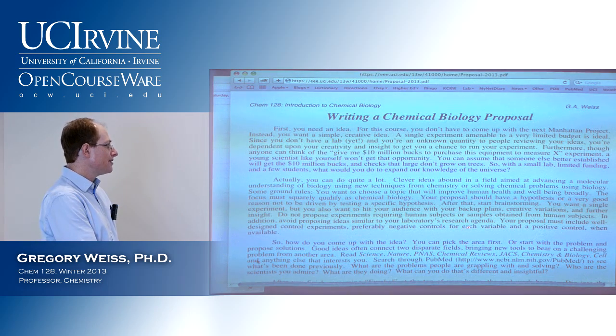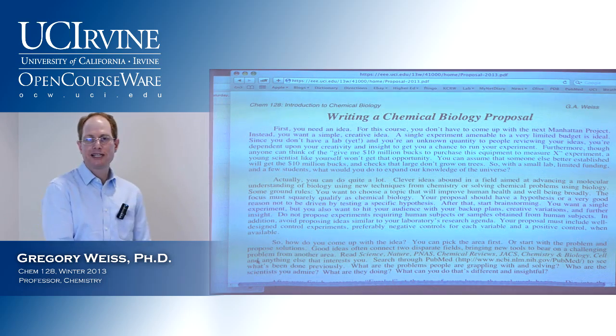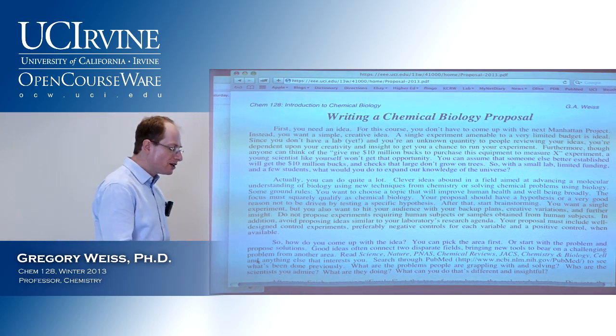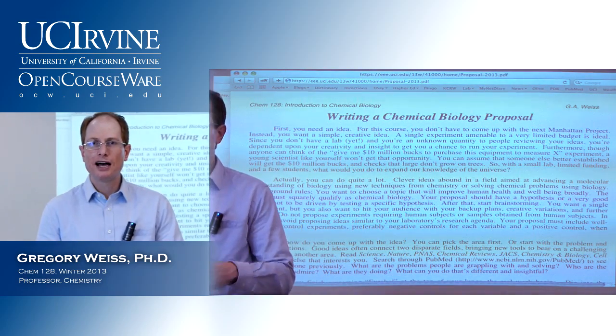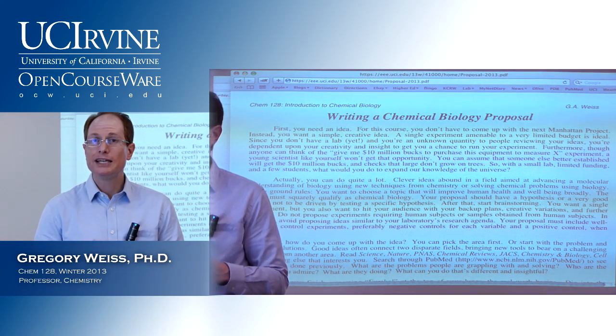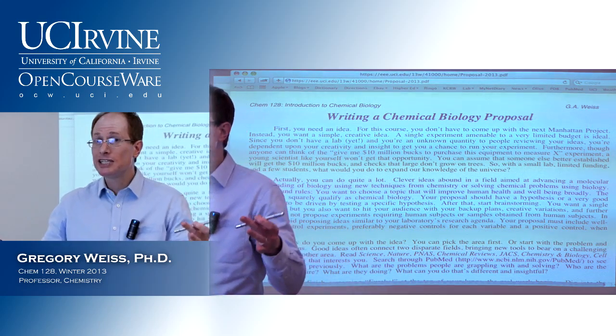Your proposal must have a hypothesis or a very good reason not to be driven by testing a specific hypothesis. And then after that, you need to think about backup plans, creative variations, and further insight. So good proposals are a little bit like an onion. At the heart, you have some clever idea. You have something that if you could do this clever idea, it's going to change the world. But equally importantly, you have a lot of little backup plans and contingency ideas.